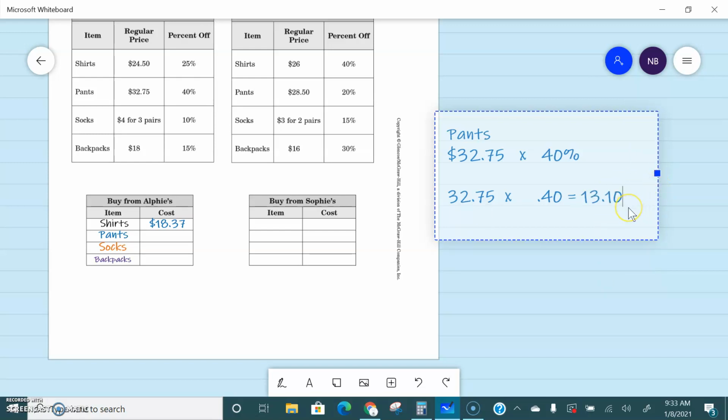Your answer would have been 13.1, but we have to put it in terms of money. So put that 0 in there for the placeholder to show that it's 10 cents. So now let's take the price of the pants, which is $32.75, and take away the discount, which is $13.10.